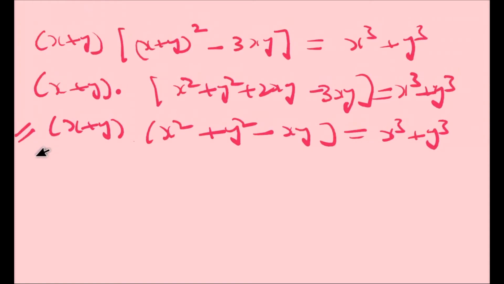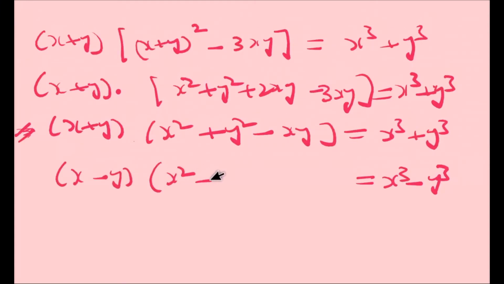So this is the basic formula. As in the prime factor, you can use this formula directly. So whatever formula I have already told you, you have to learn here. Now what happens if we write x cube minus y cube? It means we put here minus y. So the formula will be x minus y times x square plus minus y square minus x into minus y.